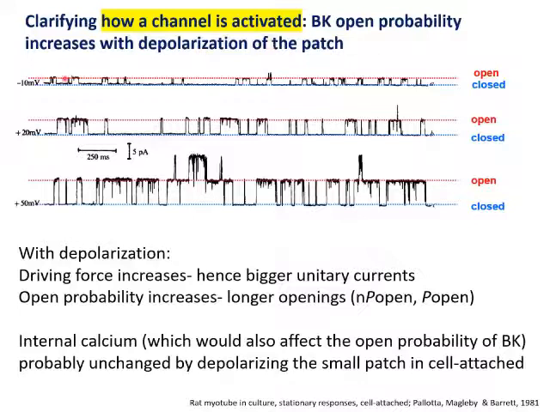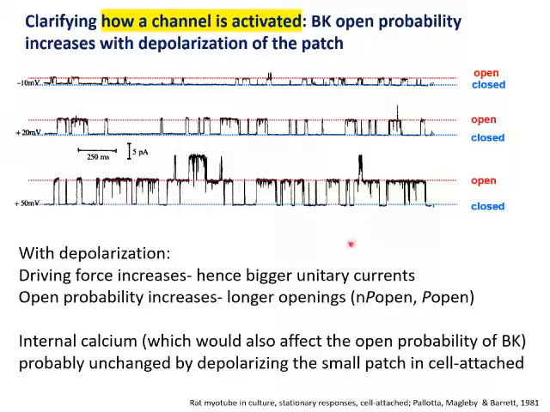You can see the openings here are upwards. This is minus 10 millivolts. As we depolarize, not only does the driving force increase, and because of that the current increases, giving bigger unitary currents here, but you can see also that the open probability of this patch has increased.